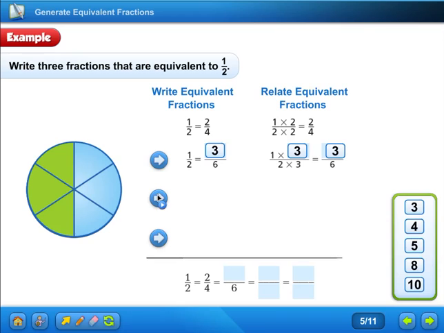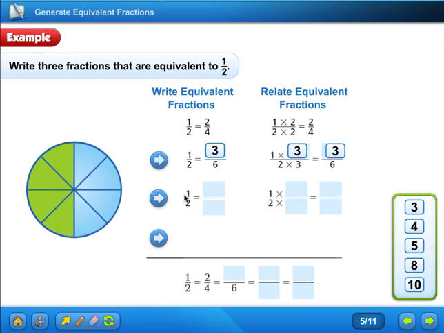Let's try another one. How many total pieces do I have? 1, 2, 3, 4, 5, 6, 7, 8. I have 8 total pieces, so that's my total. What are they multiplying it by? 2 times what equals 8? 2 times 4 equals 8.